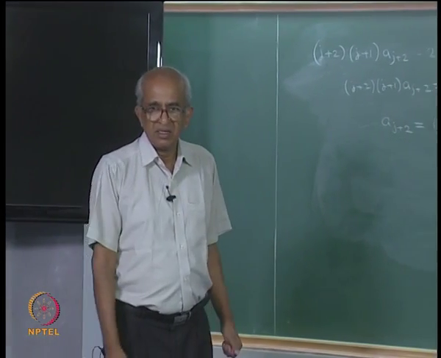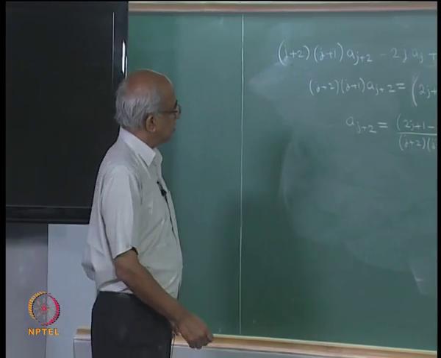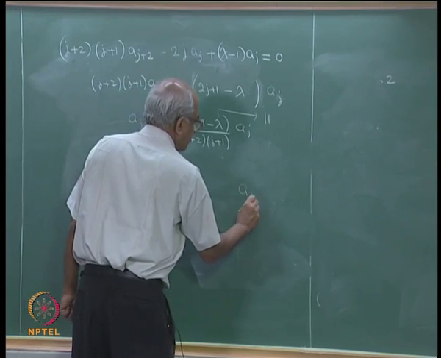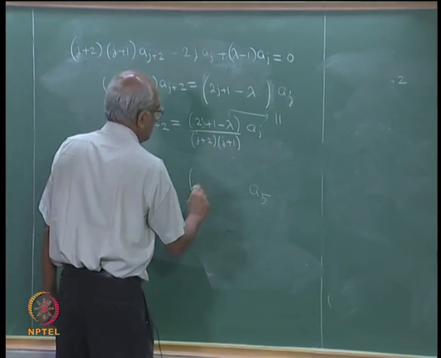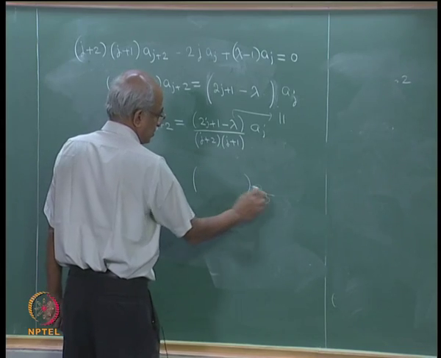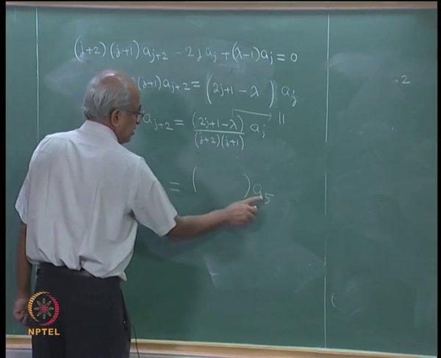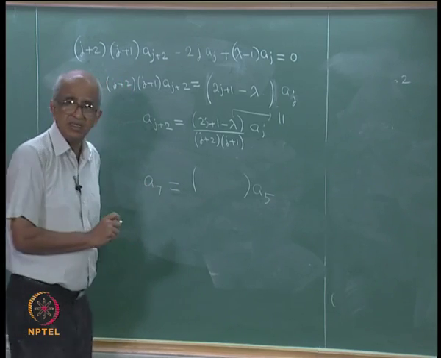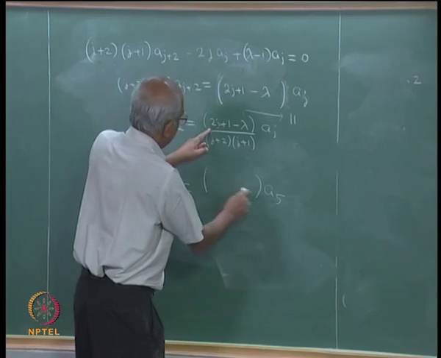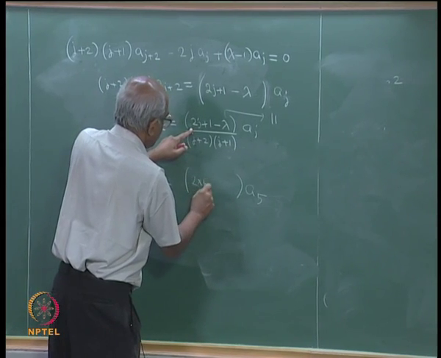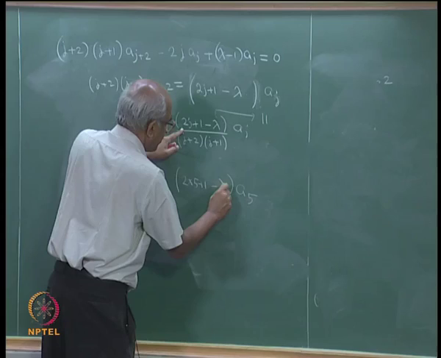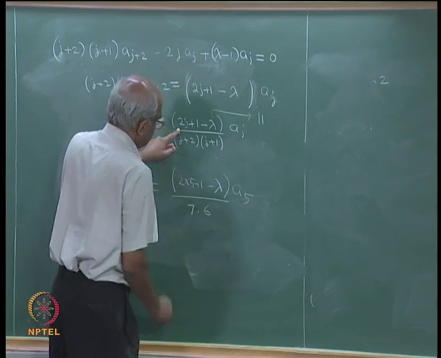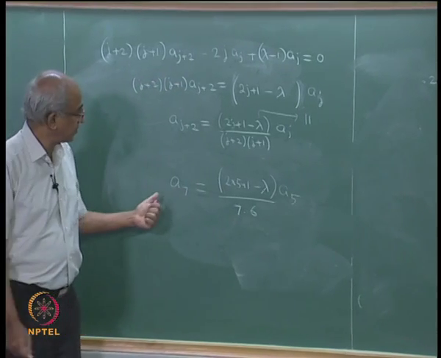Suppose if lambda is equal to 11 and suppose I put j is equal to 5, on the right hand side I will have a5, on the left hand side I would have a7, but then I will have 2 into 5 plus 1 minus lambda divided by 7 into 6, right.